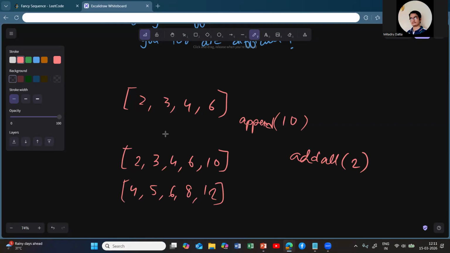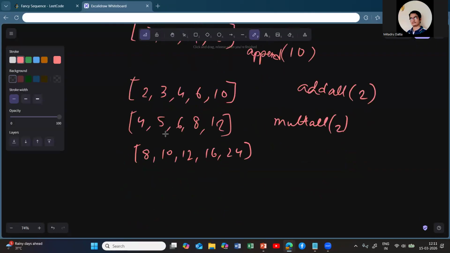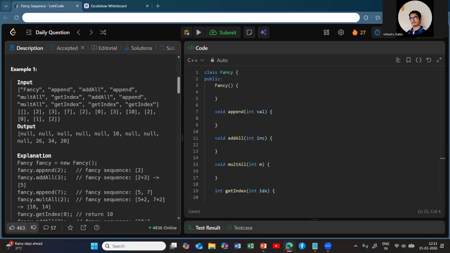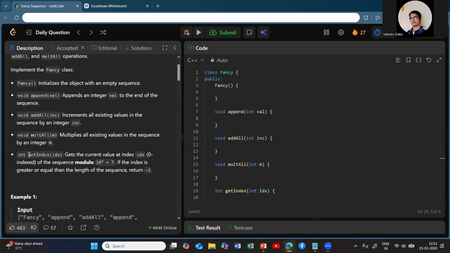Okay, and when multAll will come, let's say multAll by 2, it will be something like this: 12, 16, 24. So we're multiplying all the elements by 2, and let's say they now want to get index idx.